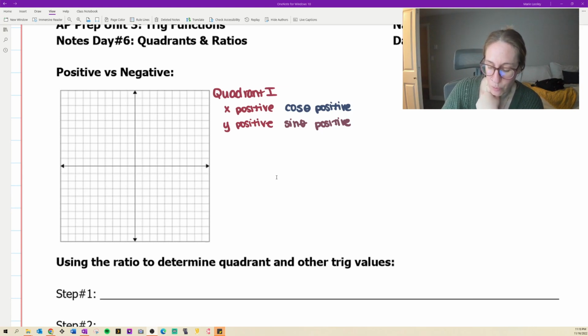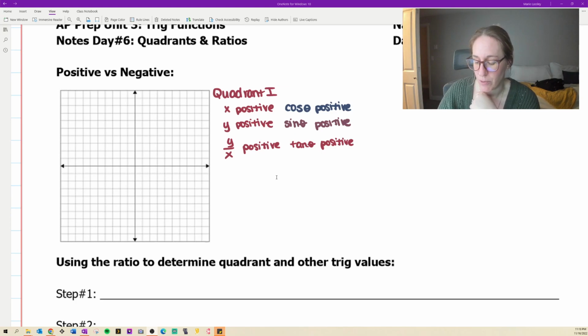Now our ratio, if we were to do y over x, since both x and y are positive, this is positive, which means that tangent is positive.